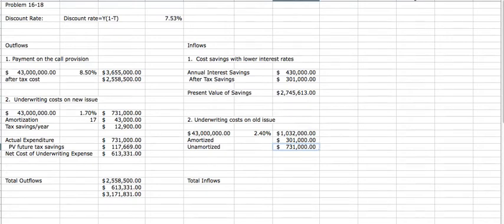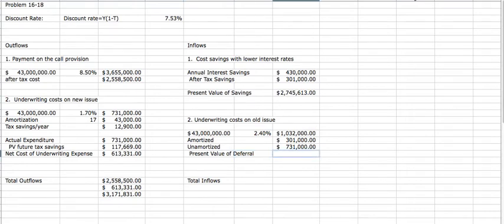The $731,000, that's an immediate benefit, and we'll be able to save taxes on that. But we also had that amount that we would have been able to write off over the next 17 years at $43,000 a year as a savings. So now we need to calculate the present value of the deferral.